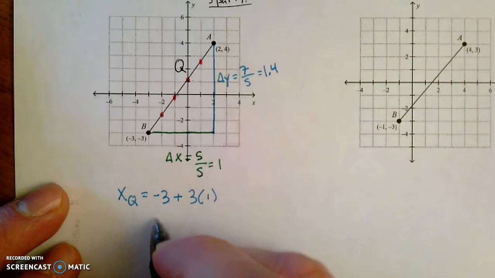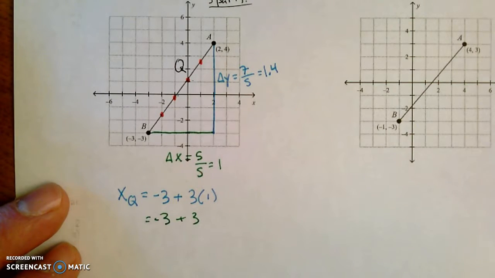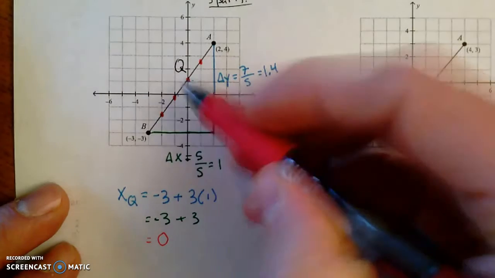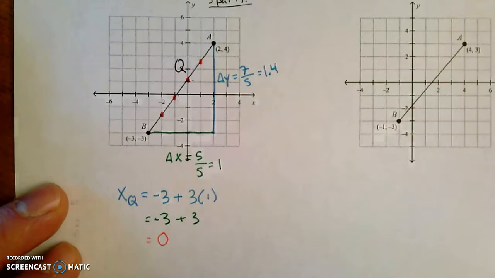So that equals -3 plus 3 times 1, which is 3, which is going to give us -3 plus 3, which is 0. And if you look, Q is actually right on the axis, up, down, so that works.